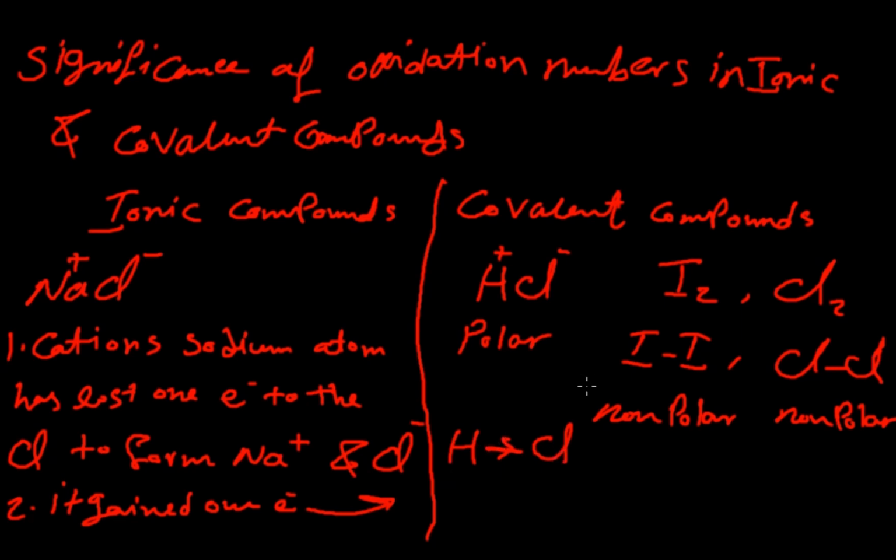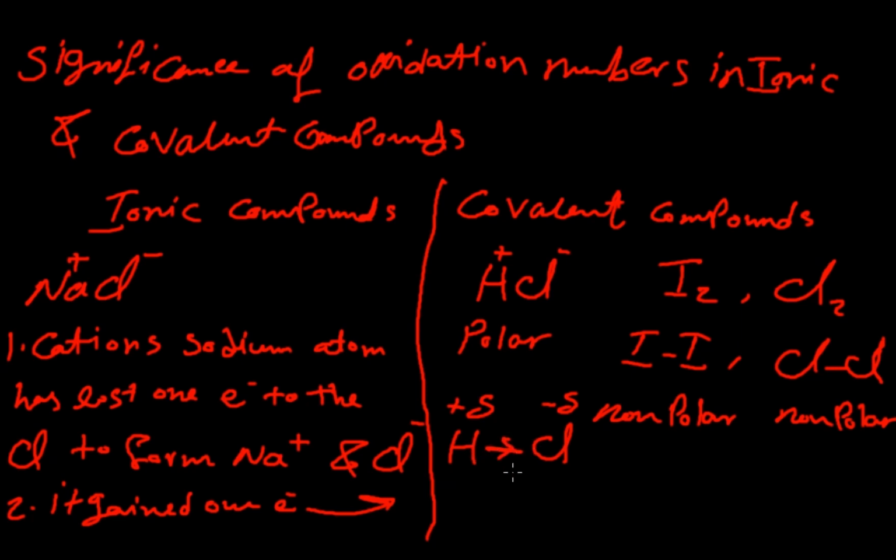So the chlorine atom takes a partial negative charge, and the hydrogen atom takes a partial positive charge. So chlorine is partially negative, and the hydrogen here is partially positive.